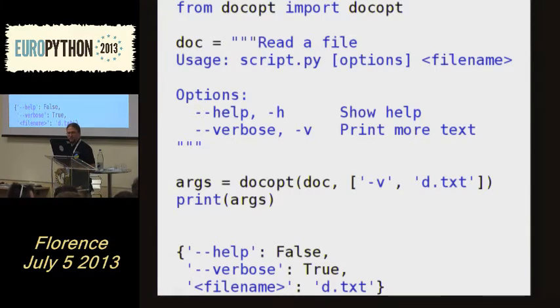So if your arguments are static, if you don't dynamically generate this object with those kind of arguments and stuff like that, you should pretty much be using DOCOPT. Also, if you leave this out, sys.argv is used.